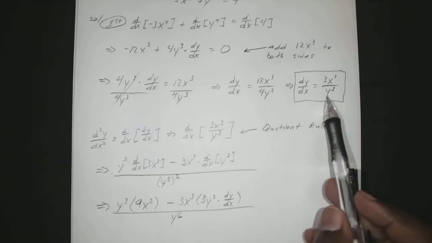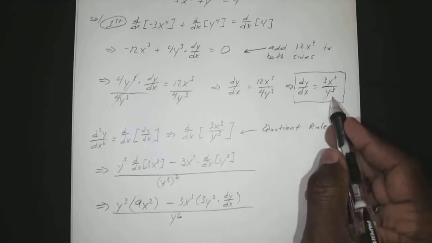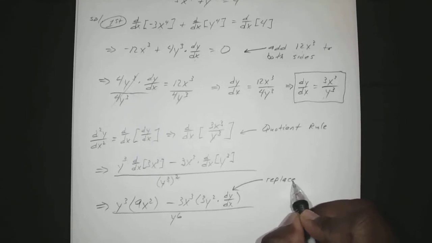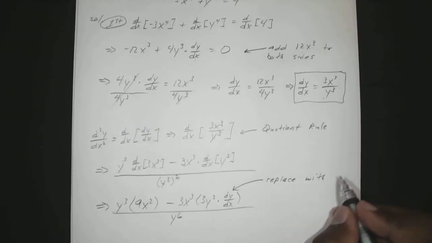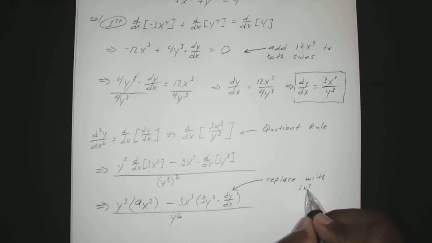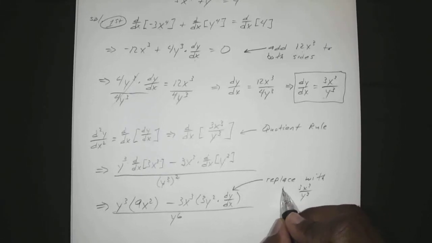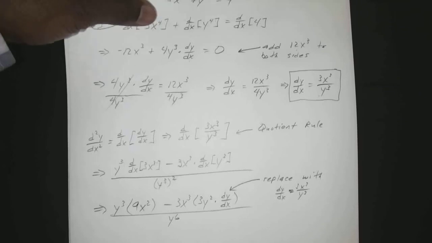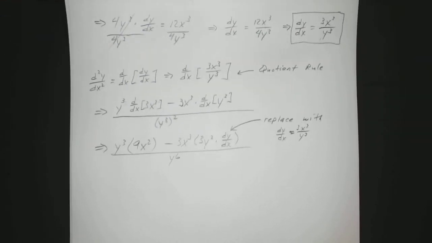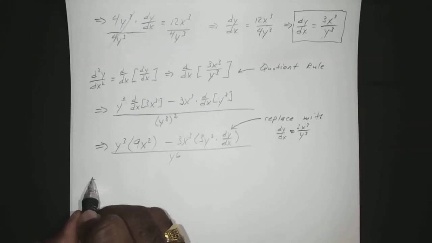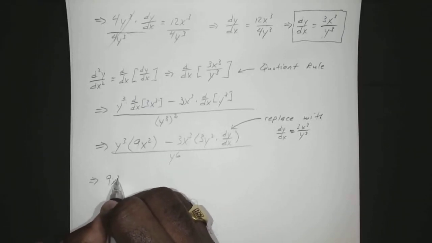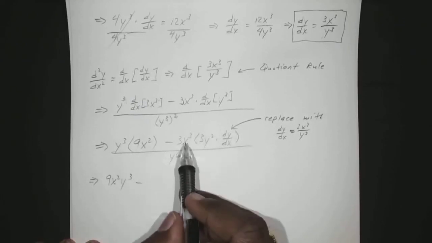Okay. Now the reason we drew that little square is because we can just replace that, since that's our dy dx. All right, so that's going to give us 9x squared y to the third minus 3x to the third.